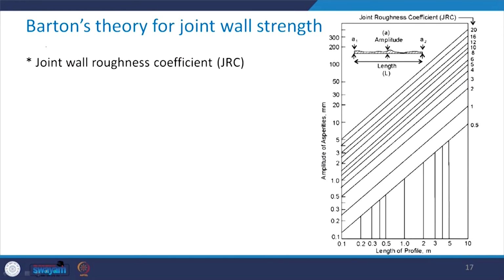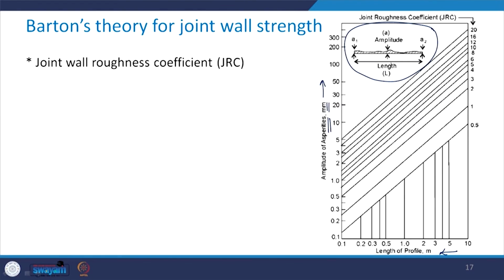Coming to the joint wall roughness coefficient, we did not discuss this at that time. This is how the joint wall roughness coefficient JRC can be determined. On this axis you have the length of the profile in meters, and on this axis you have the amplitude of asperities in millimeters. What do we mean by these two things? Take a look at this small figure.